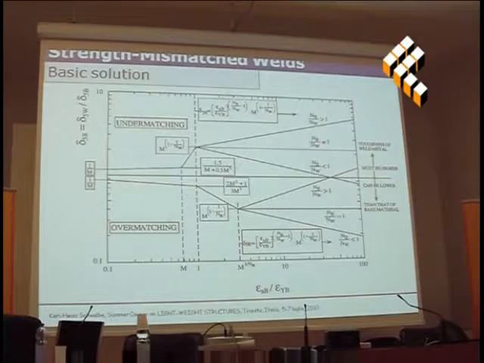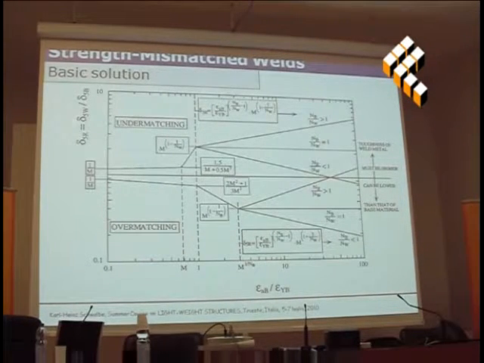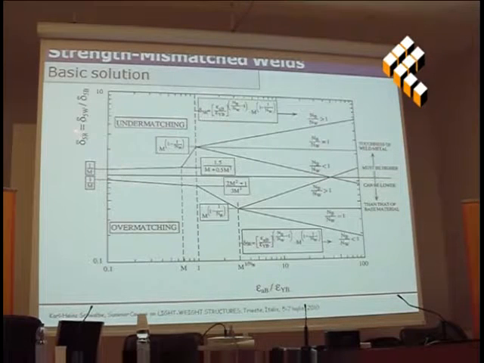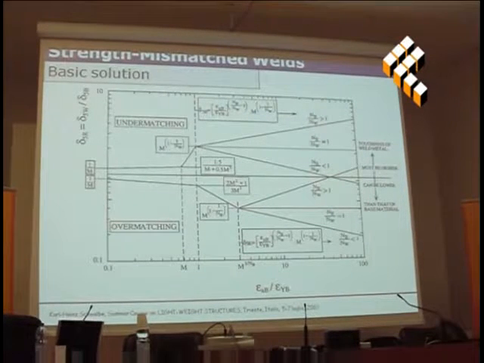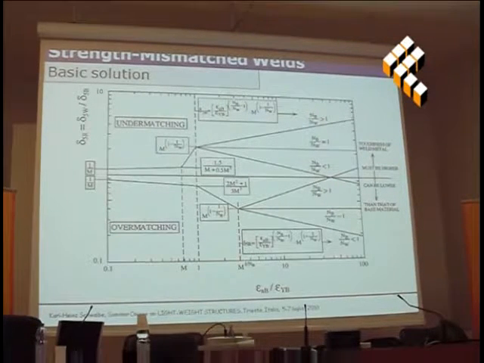This is the general diagram which shows delta 5R, the ratio, as a function of the applied strain in the base plate, normalized by yield strength in the base plate. Here is 1, here the base plate becomes plastic. Here it's still linear elastic.